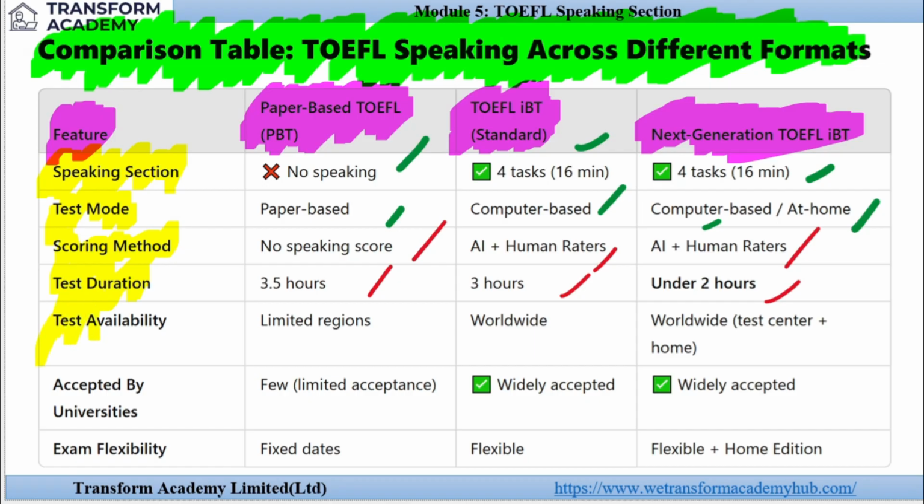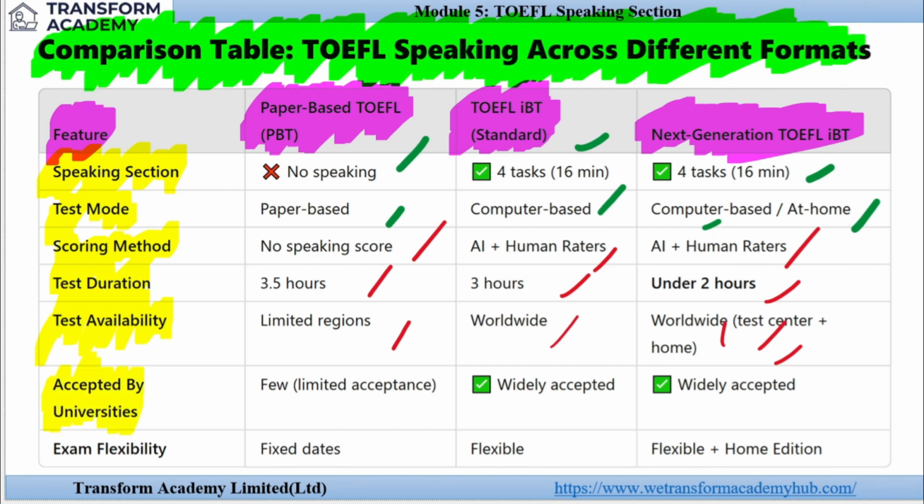Now the test availability. So paper based is available in limited regions, iBT is available worldwide, and the next generation TOEFL is available worldwide, test center plus home. Now accepted by universities.